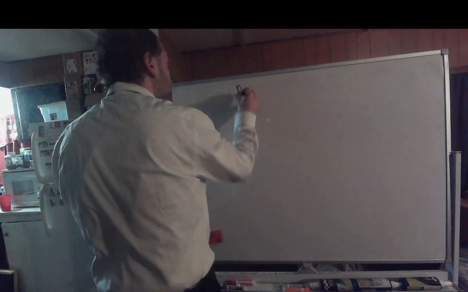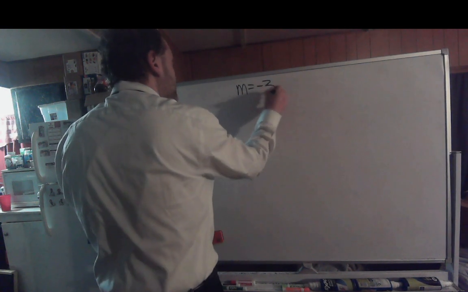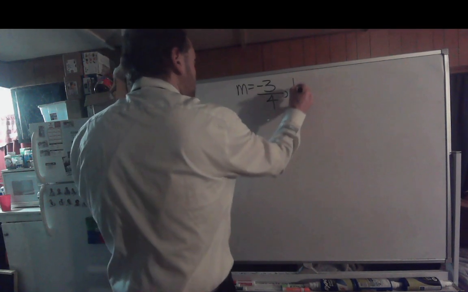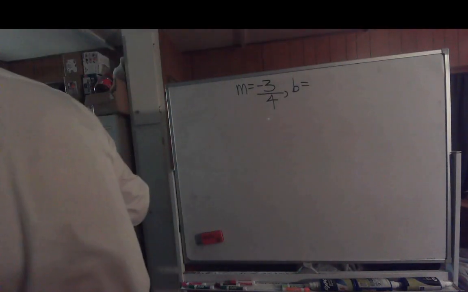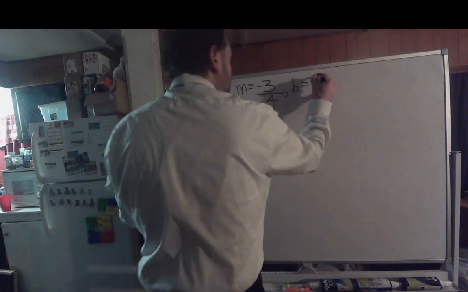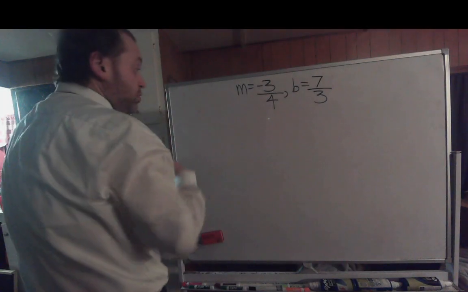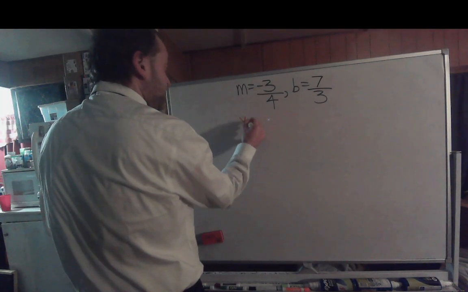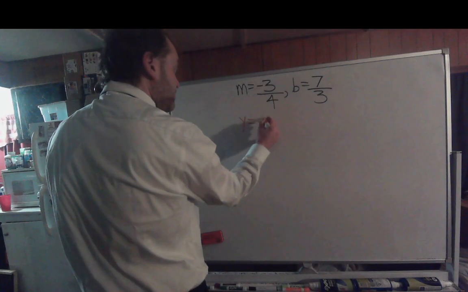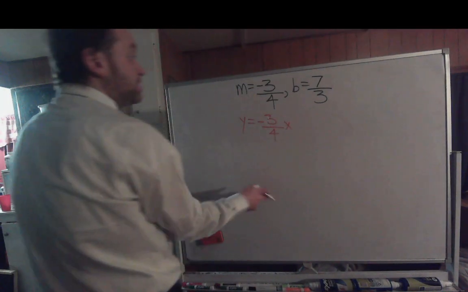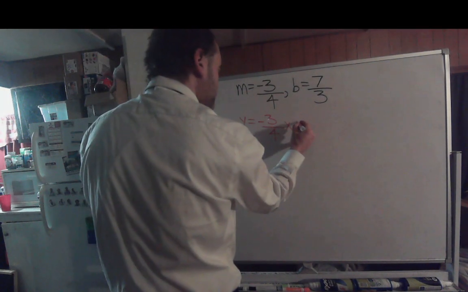Alright, so let's see. This one, we have the slope of the line equals negative 3/4, and then the y-intercept equals 7/3. So, of course, take y, set that equal to your slope of negative 3/4 times x plus your y-intercept of 7/3.